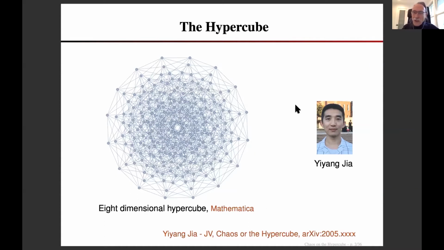The work was done in collaboration with my student, Yang Yia, who actually had the idea of looking at this. The reason he got that idea was because there was a model by Giorgio Parisi, a hypercubic model for Josephson junctions. In the large D expansion, there were some remarkable coincidences with the large N expansion of moments in the SYK model.